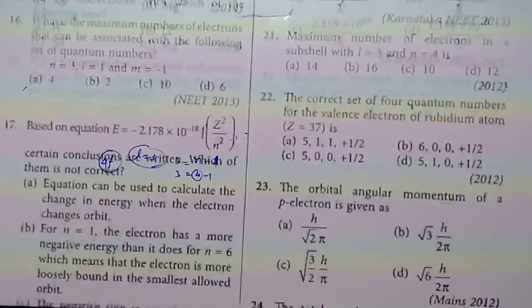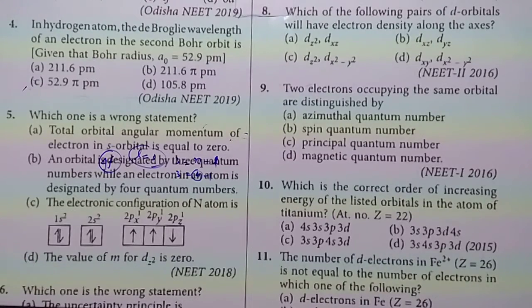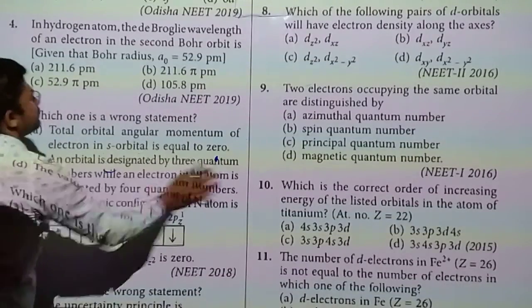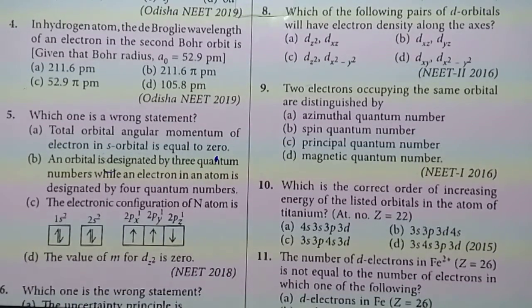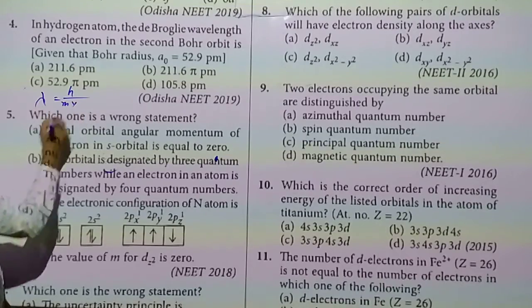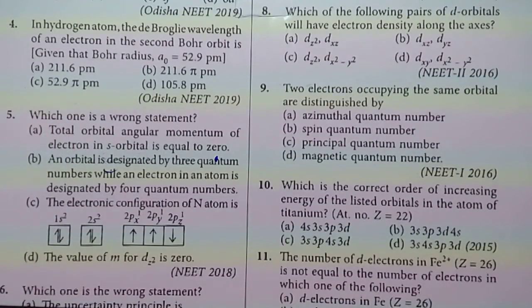Now question number 4. In a hydrogen atom, the de Broglie wavelength of an electron in the second Bohr orbit is, the de Broglie wavelength lambda equal to h upon mv, in the Bohr's second orbit.